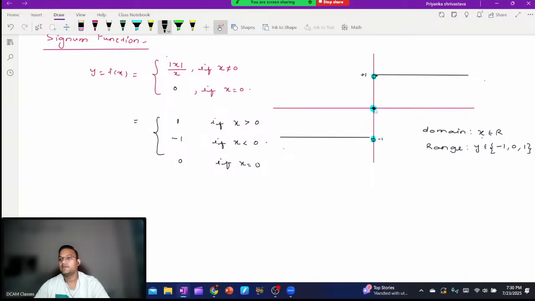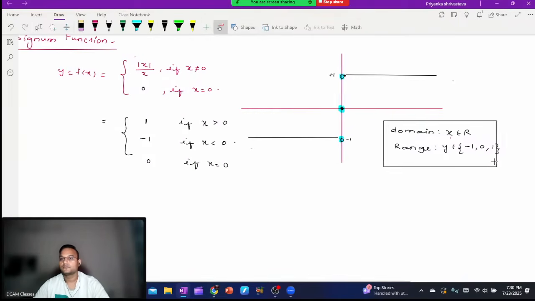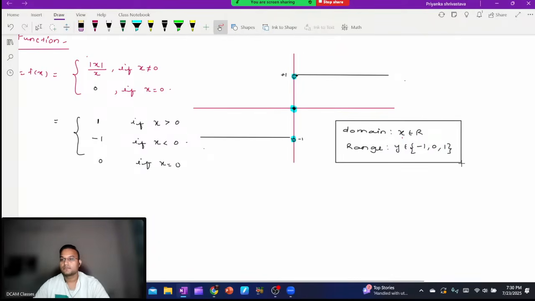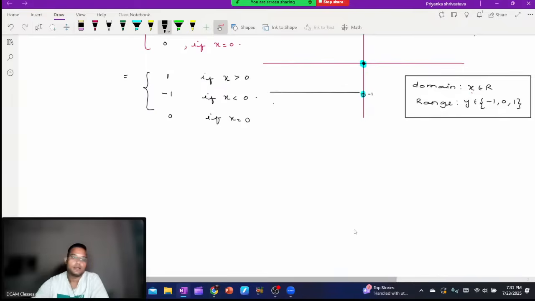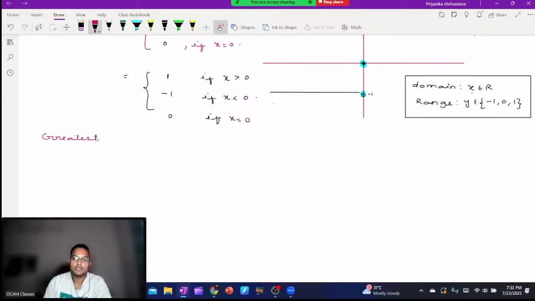Only these three values. Okay to everyone? Greatest integer function.